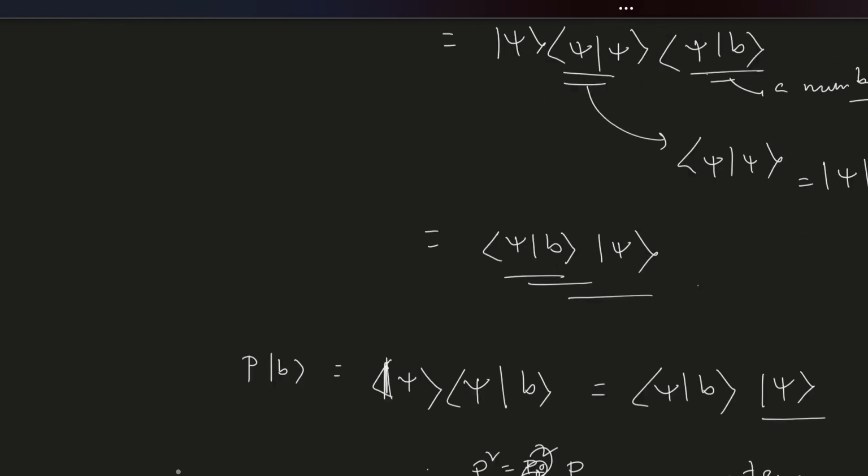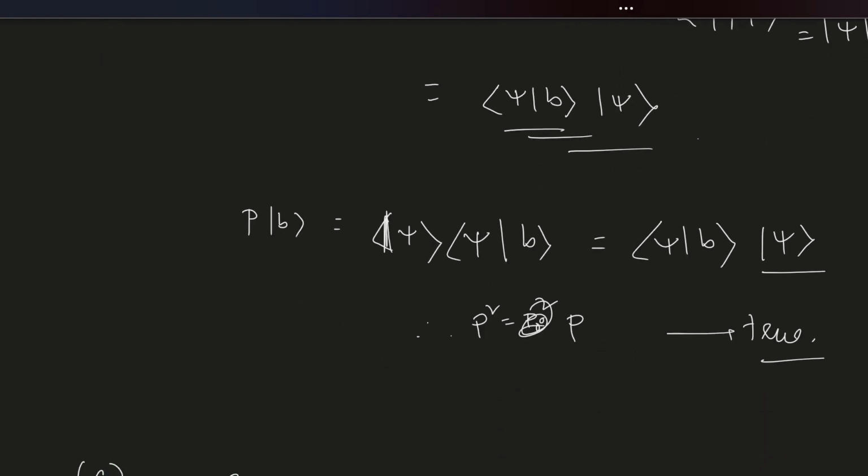That means if two projection operators P1, P2 are orthogonal, then when they operate on any two states u and v, this thing P1u, P2v will be equal to 0, where u and v are any states.